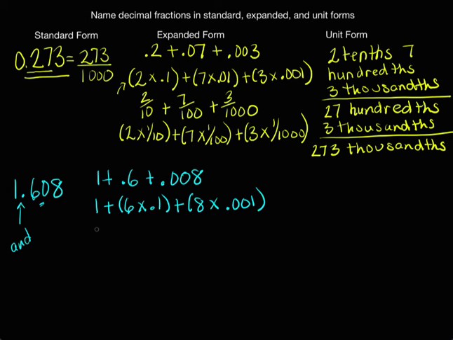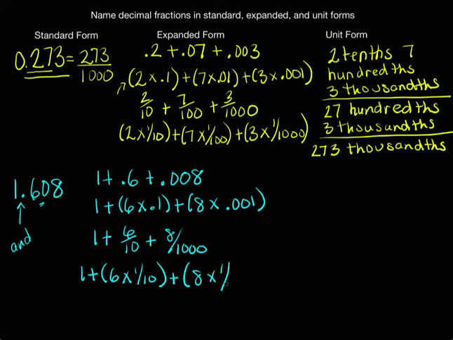As fractions, we have 1 plus 6/10 plus 8 thousandths. Or one more way, 1 plus 6 copies of 1/10 plus 8 copies of 1,000th.